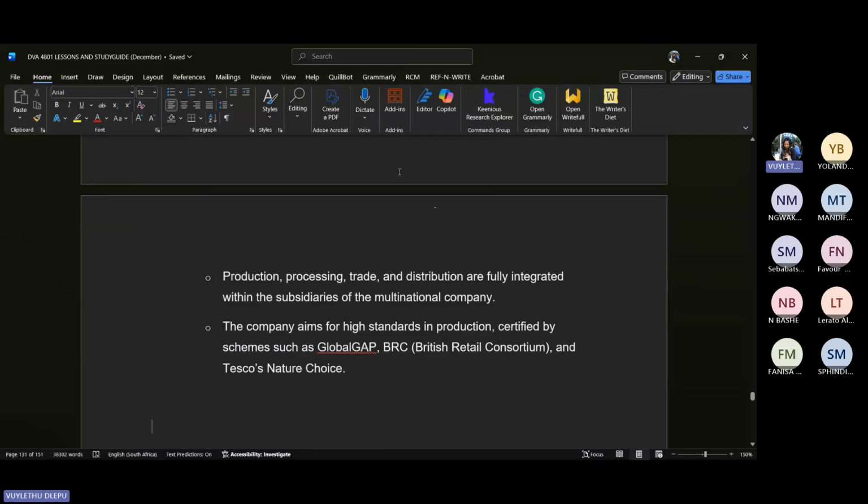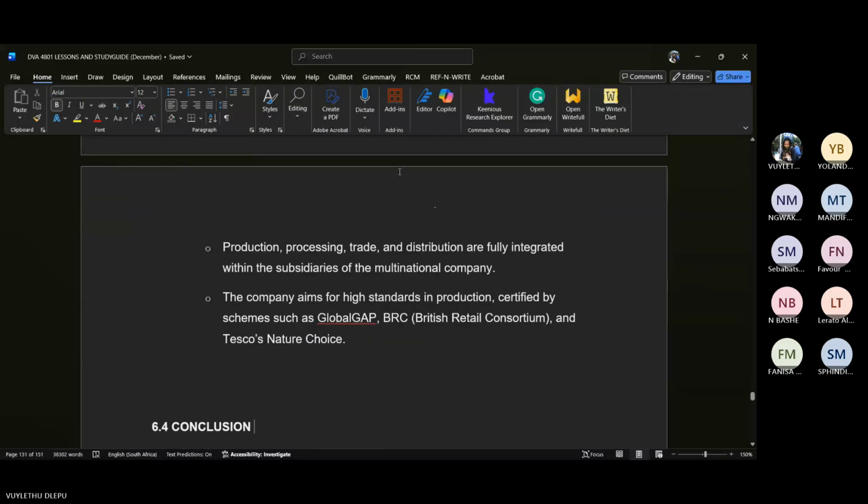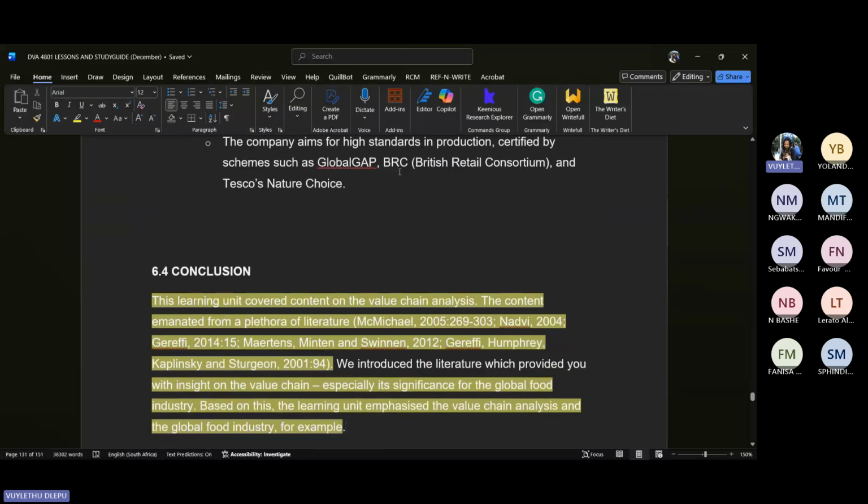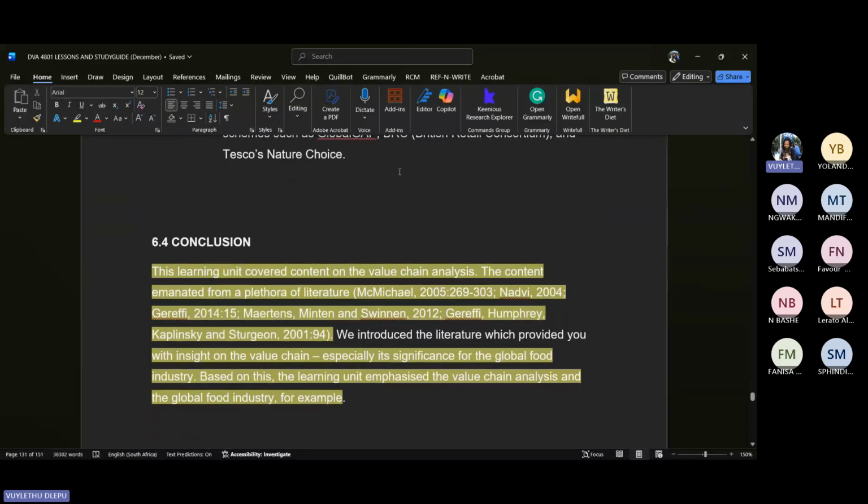I remember the task was just to put the information in a table. And then we are concluding this learning unit. It covered content on value chain analysis. The content emanated from a plethora of literature: McMichael, Nadvi, Gereffi, Humphrey, Kaplinsky, and Sturgeon.